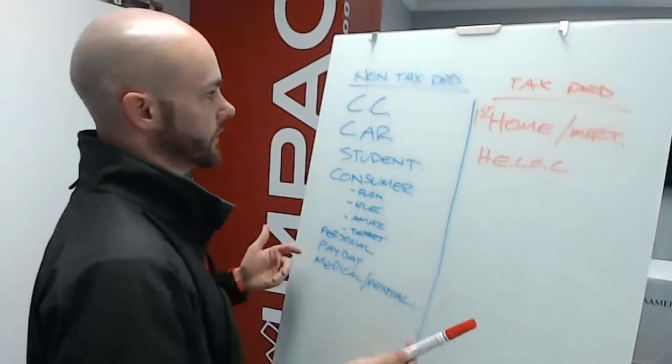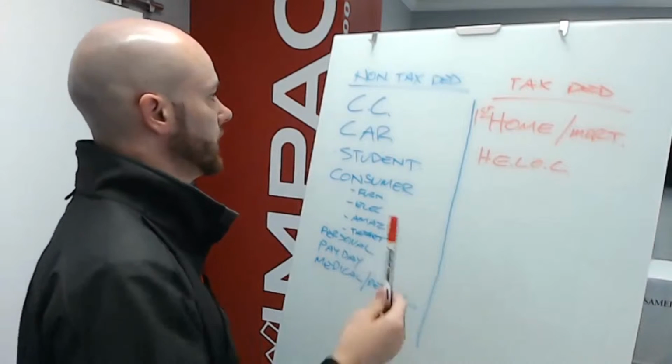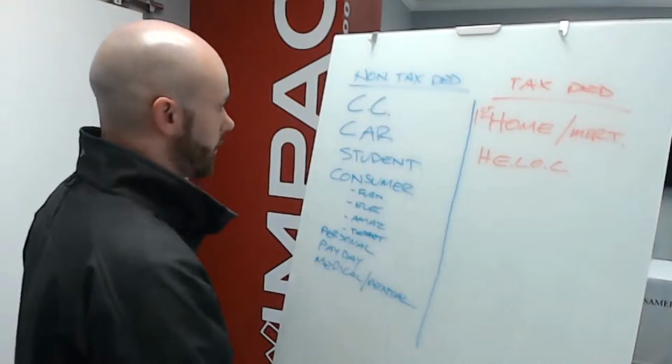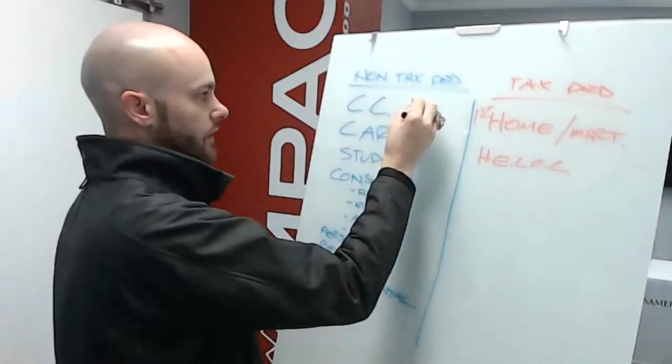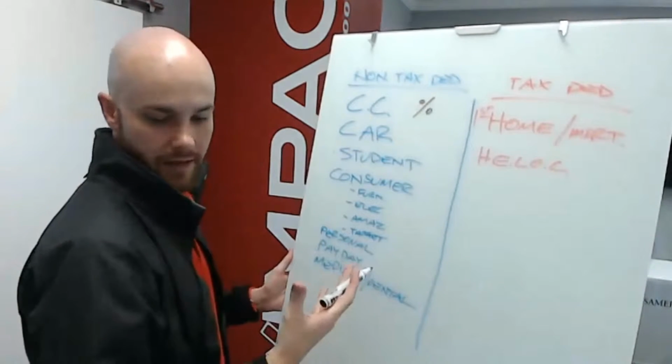What's also interesting is that on episode 17, we talked about how the different payments are calculated. The payment on a credit card is calculated based off of a percentage of the balance.